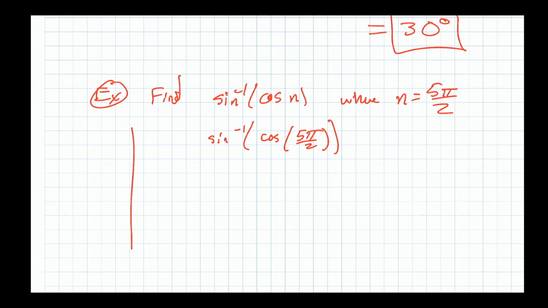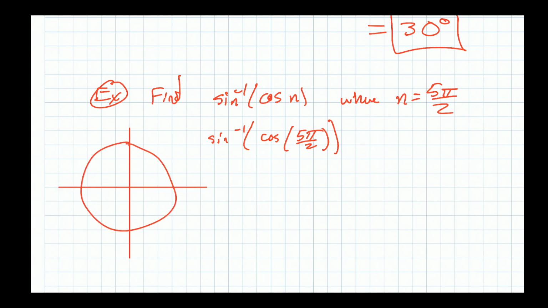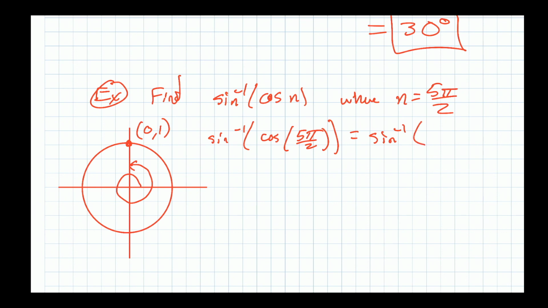So 5 pi over 2, you could do it by hand. 5 pi over 2 is all the way around and back here. That's 5 pi over 2. So you've got 0, 1. So that sine inverse of the cosine there is 0.